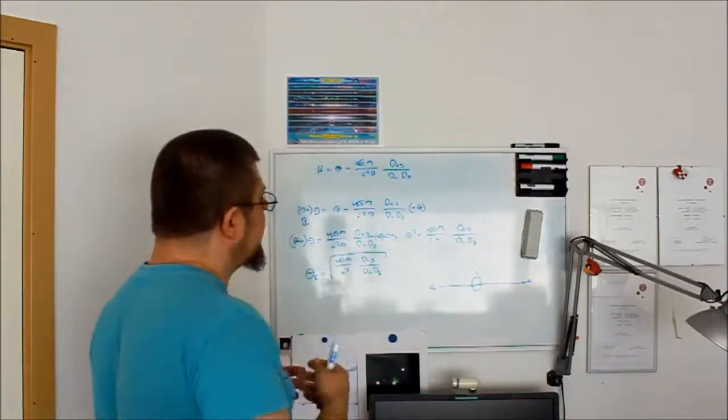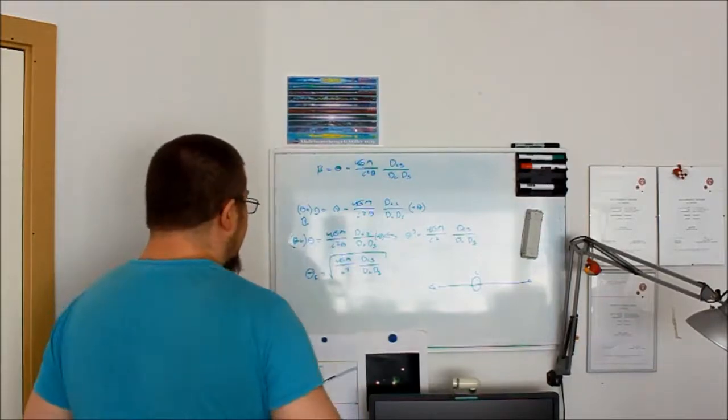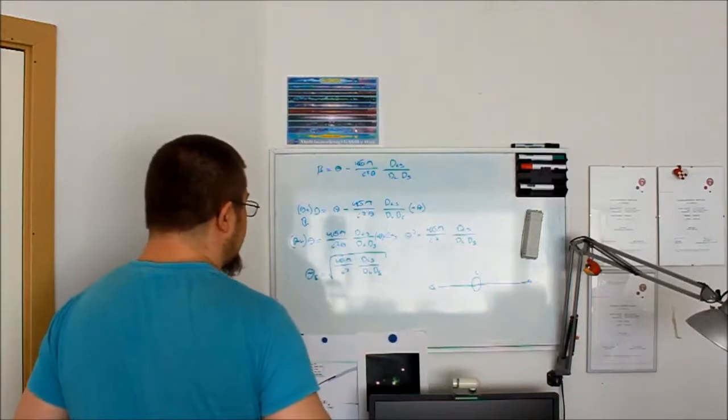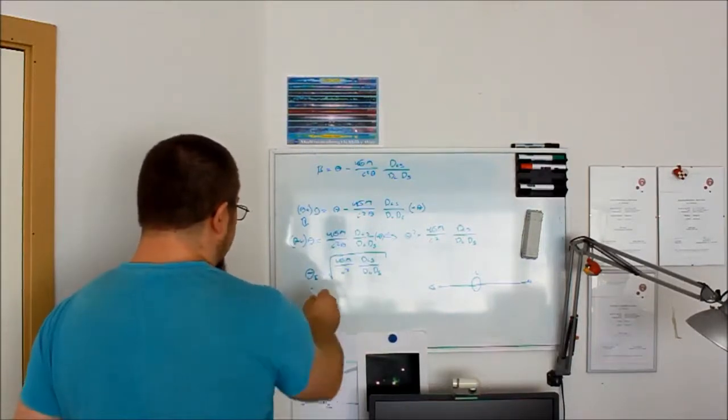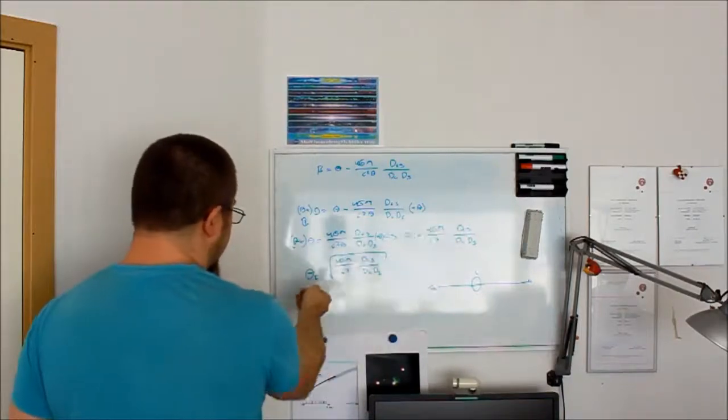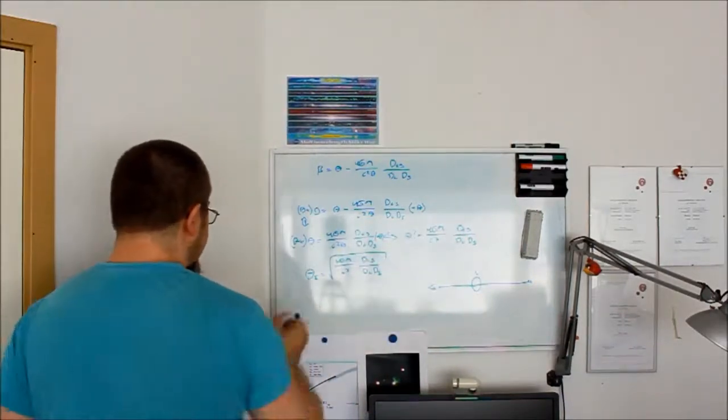And then I just make a definition. I say that this is equal to the Einstein radius, so that I can get the Einstein radius by taking the square root of this here, and then I can define it as such. So this is the Einstein radius.